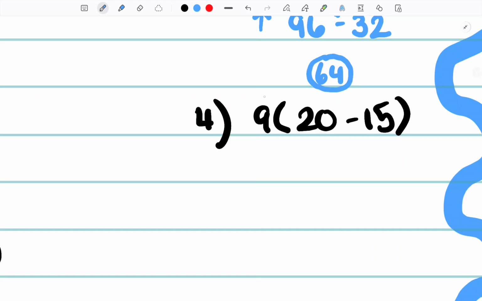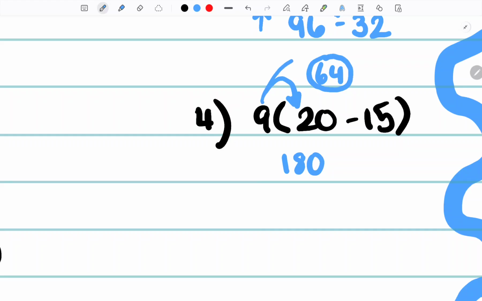Okay, done yet? Let's go ahead and solve this. So in this problem, 9 is the fishing rod here, and since we need to multiply 9 and 20, let's go ahead and see what that is. 9 times 20 is 180.